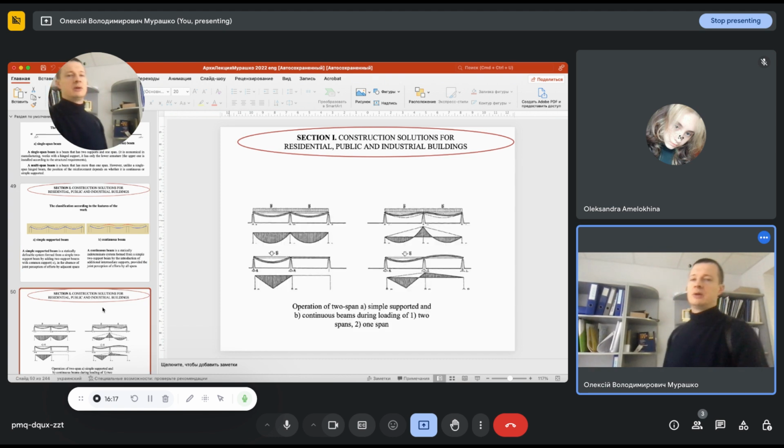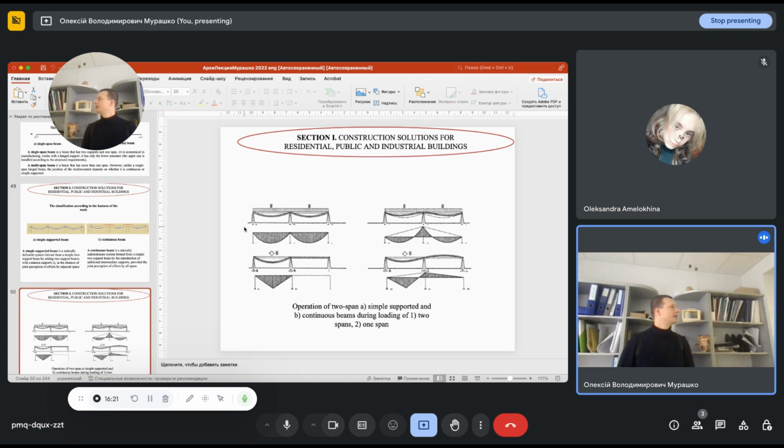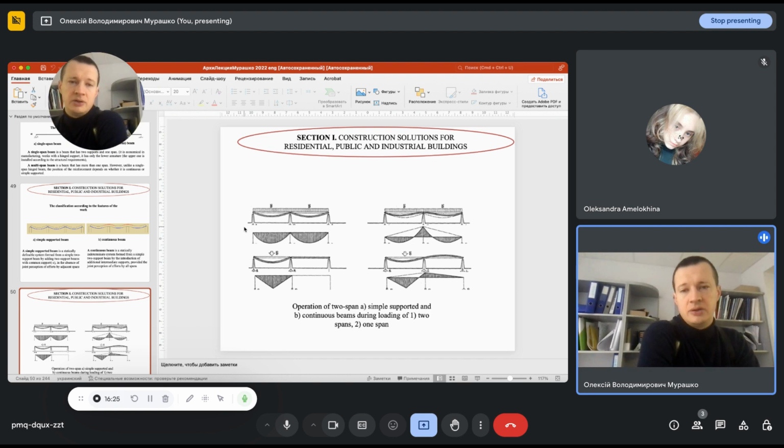For example, on the left, you can find the simple supported multi-span beam, and here you can see that we have span bending moments, and we don't have any support bending moments. But in this case, we can see that we have a support moment.